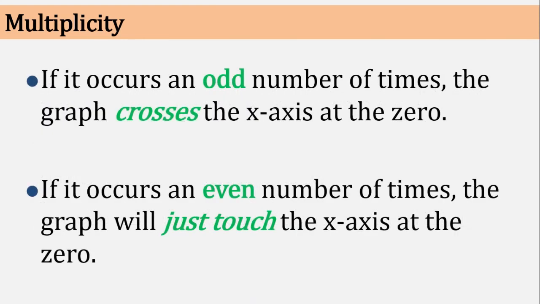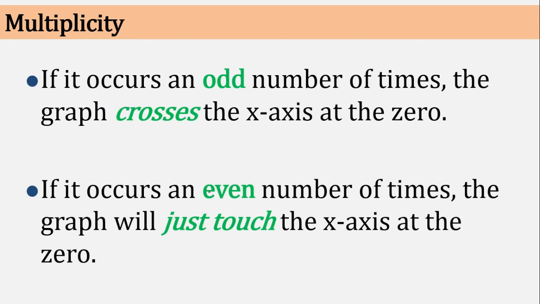If a certain root occurs an odd number of times, meaning one time, three times, or five times, then the graph will cross the x-axis at that zero.